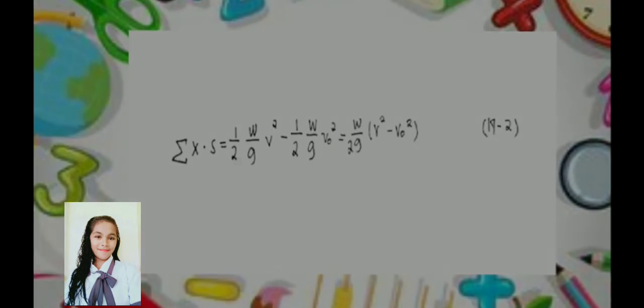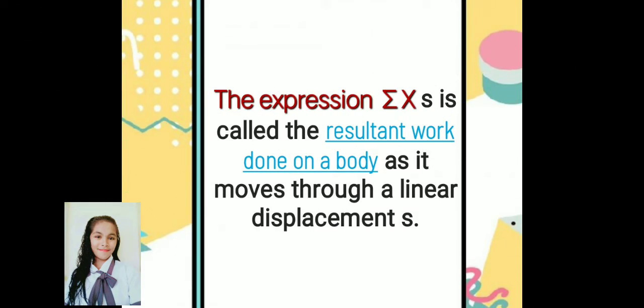And this is equation 14-2. So, the expression sum of F s is called the resultant work done on a body as it moves through a linear displacement s.